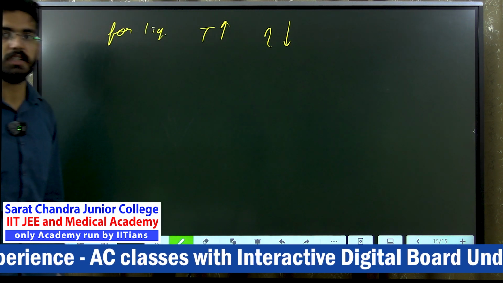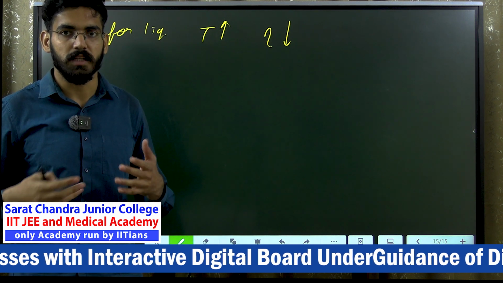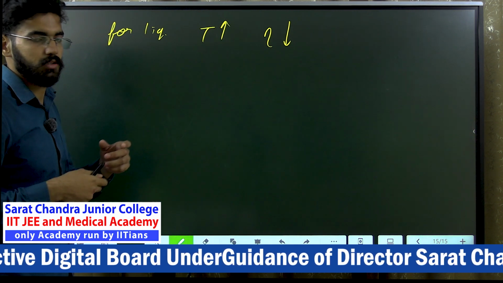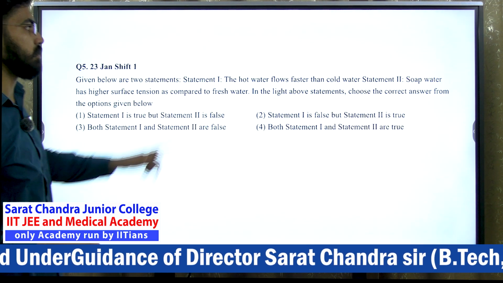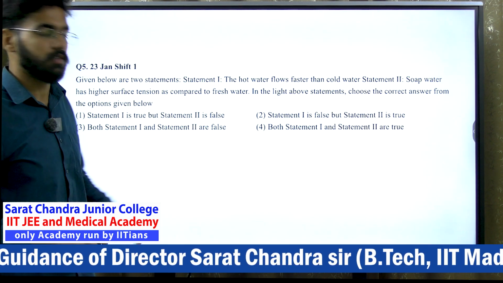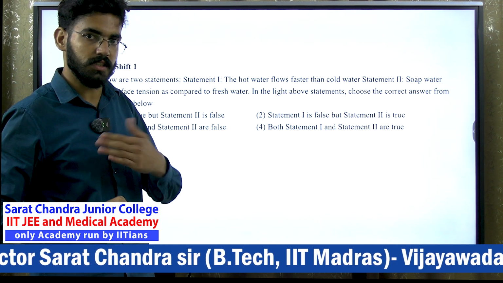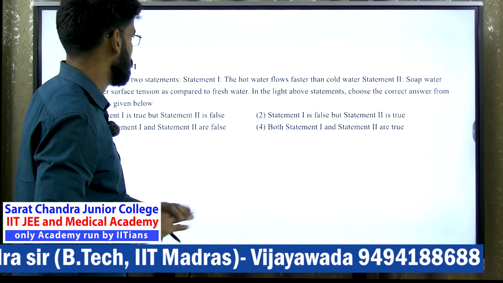Why? Because intermolecular forces decrease. As your temperature increases, the molecules go away from each other and get higher velocities, so viscosity will reduce. So here the hot water flows faster, because in hot water viscosity is less. Less viscous means easily flowing. That's why hot water will flow easily. That statement is correct.